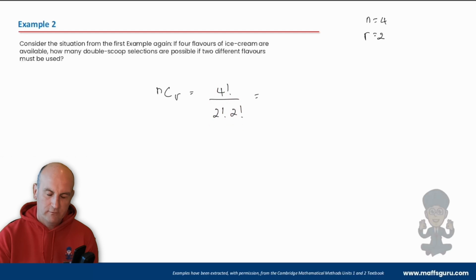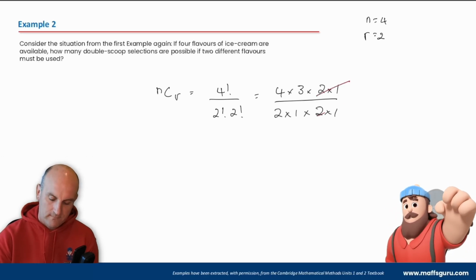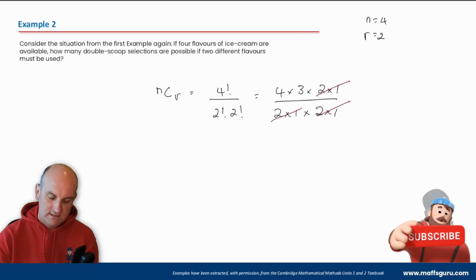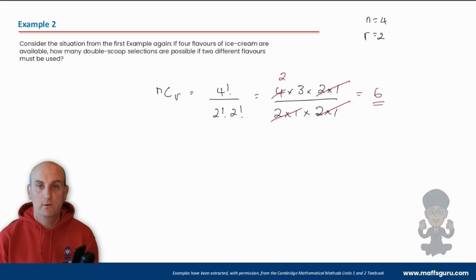So 4 factorial is 4 times 3 times 2 times 1, over 2 times 1 times 2 times 1. Nicely, those 2 cancel each other out, and 2 times 1 is 2. That goes into there 2 times, which gives me the 6 that we were looking for.